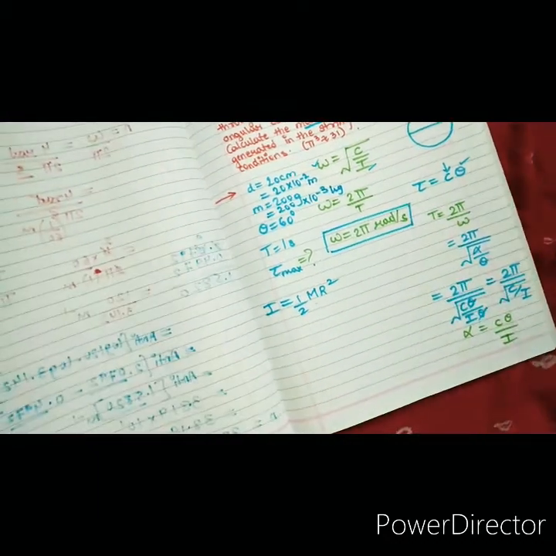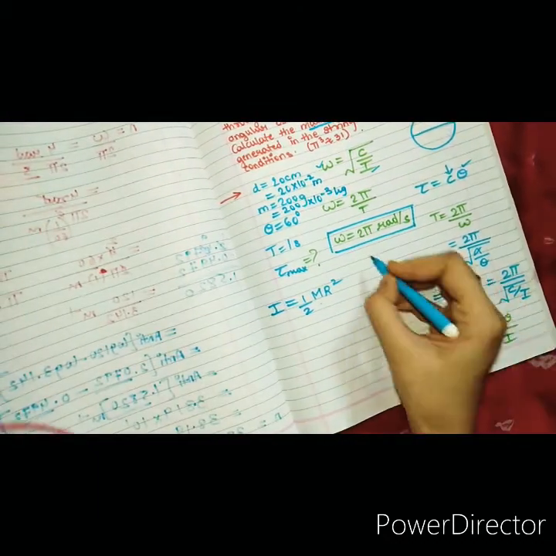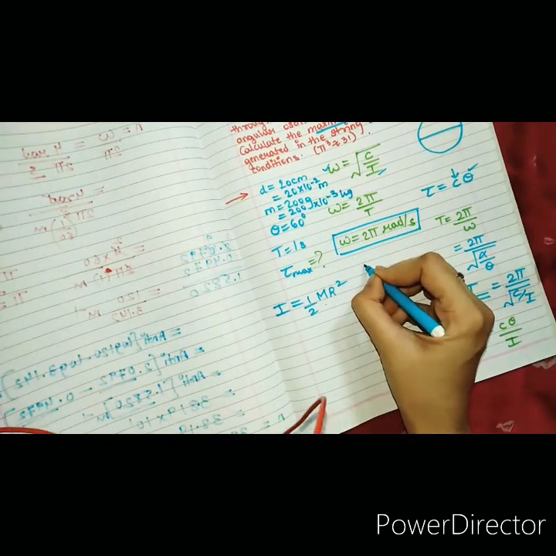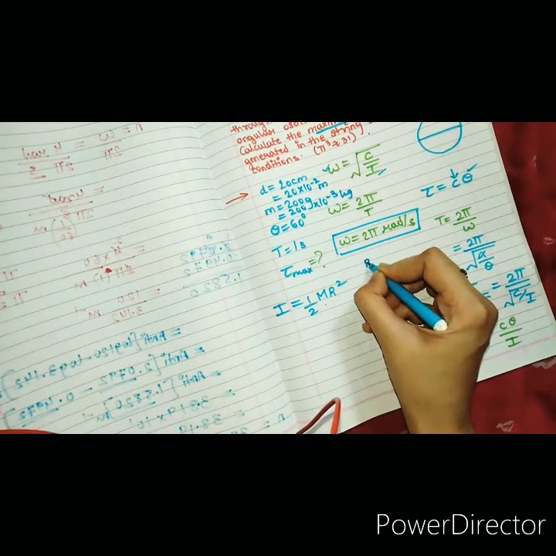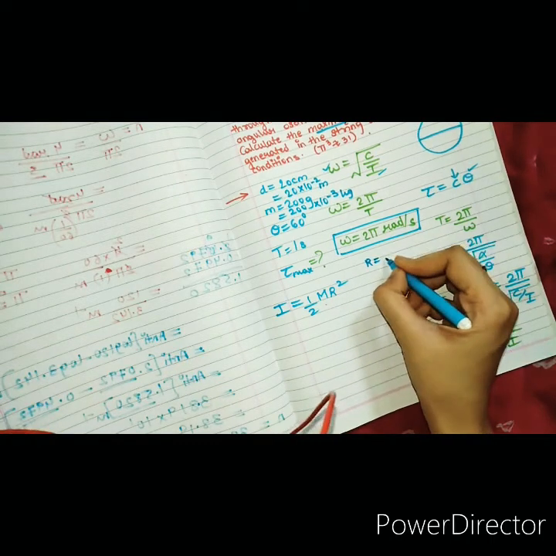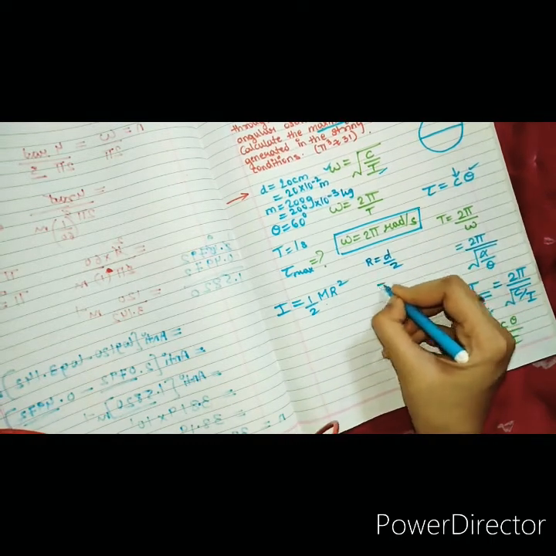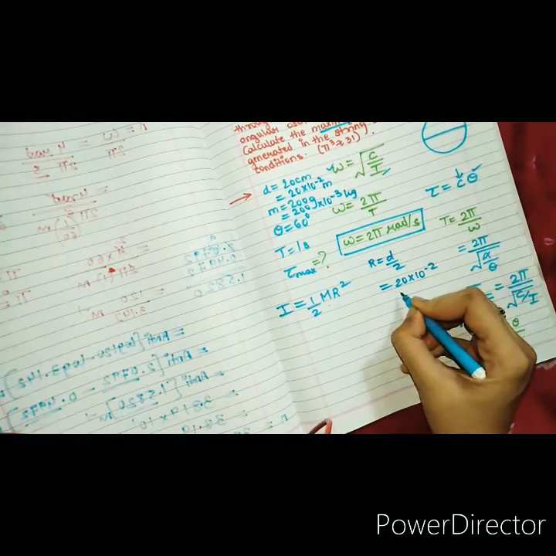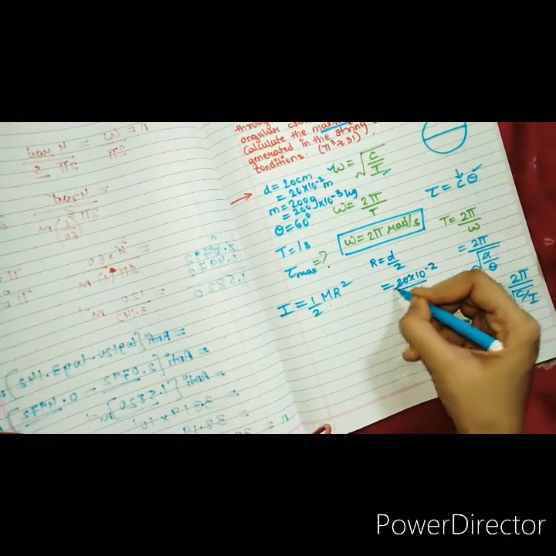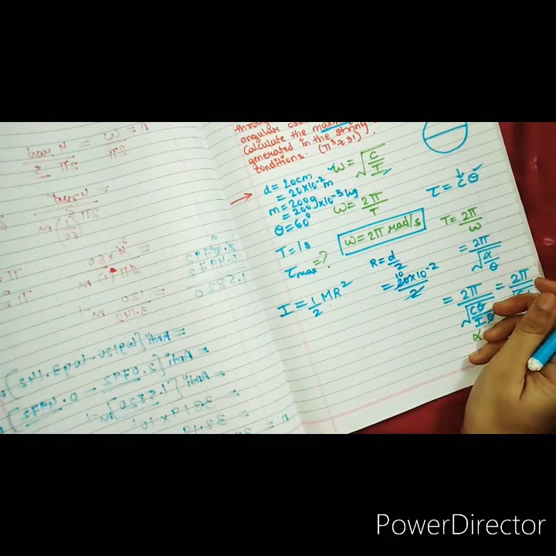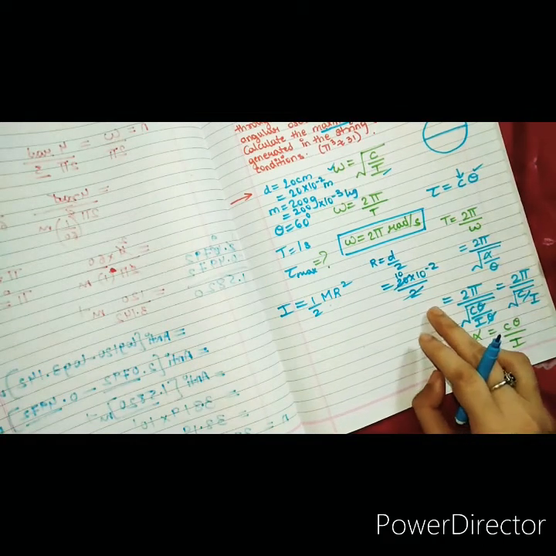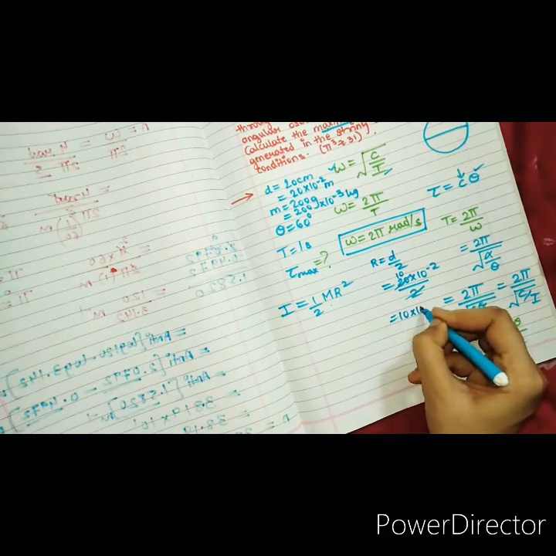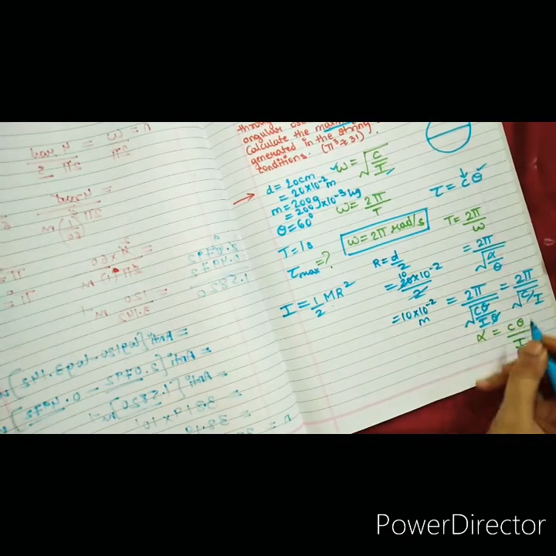What about radius? Radius is just half of diameter, right? Diameter is 20 into 10 raised to minus 2 upon 2, so radius is 10 into 10 raised to minus 2 meter.